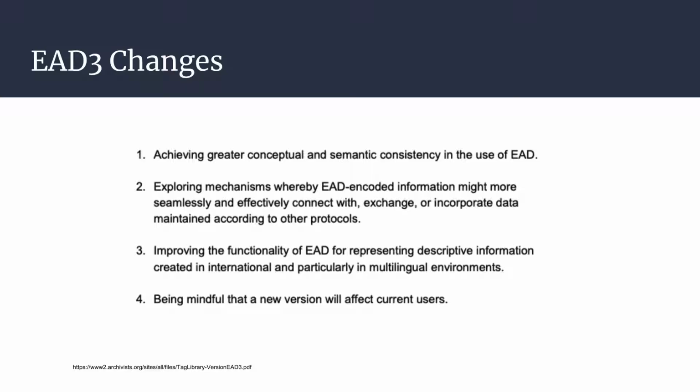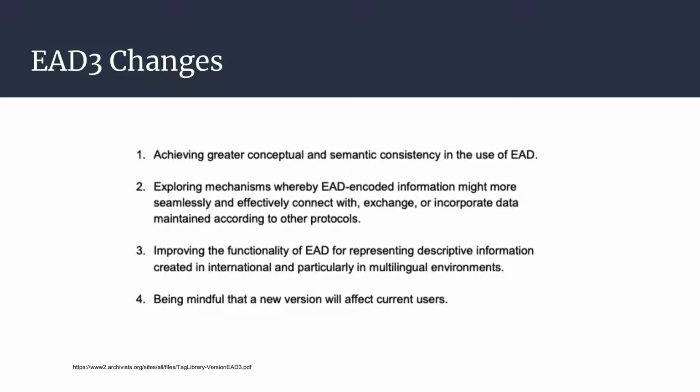The EAD was updated to EAD 3 in 2015. These are the 4 guiding principles the updates were based on. 1. Achieving greater conceptual and semantic consistency in the use of EAD. 2.